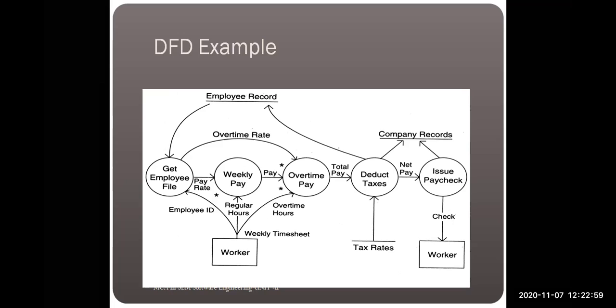From the timesheet, we will get the rate of payment and overtime. If he is working more than regular hours, then the details will also be collected based on the weekly timesheet. So these rates and the regular and overtime hours are used to compute the pay.